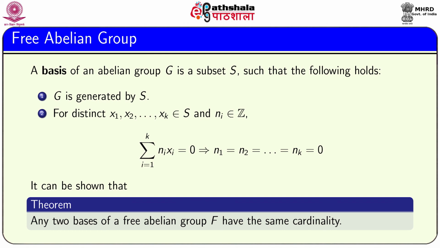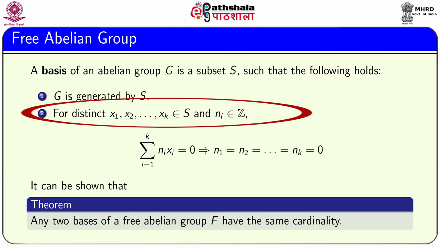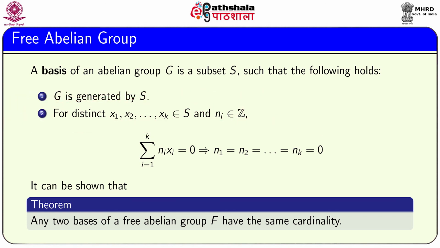We define something called a basis of an abelian group G as a subset S of G such that the following conditions hold: G is generated by S, and for distinct x1, x2, ..., xk from S and ni from Z, the summation over i equal to 1 to k of ni xi equal to 0 implies that n1 equals n2 equals etc. equals nk equals 0.